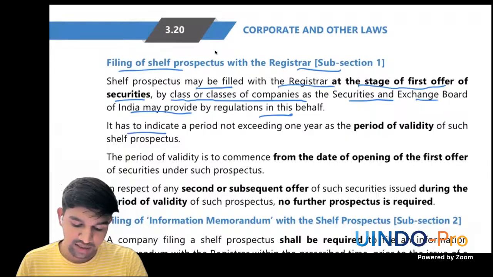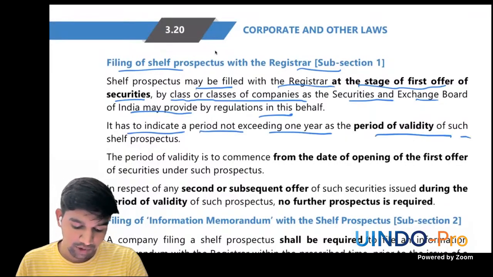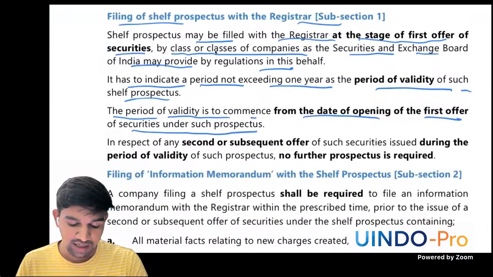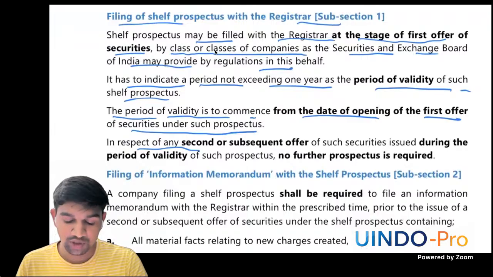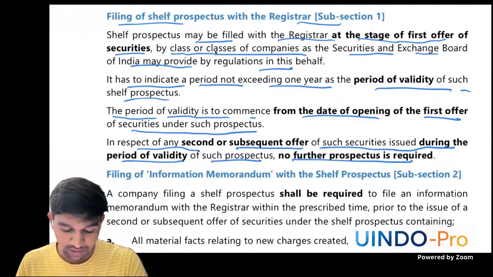It has to indicate a period not exceeding 1 year as the period of validity of such shelf prospectus. The period of validity is to commence from the date of opening of the first offer of the securities under such prospectus, and in respect of any second or subsequent offer of such securities issued during the period of validity of such prospectus, no further prospectus is required.